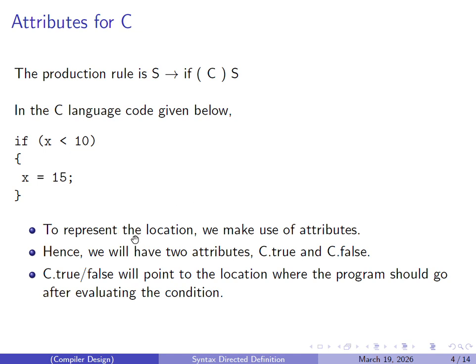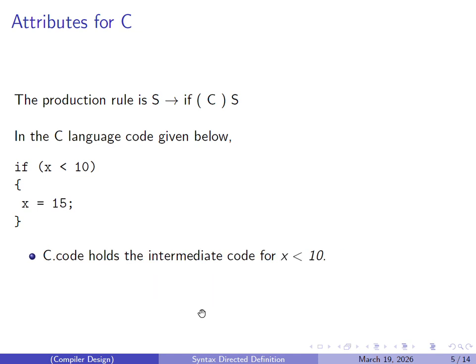To represent the location where the code goes when the condition C is executed, we make use of attributes. Hence, we will have two attributes. One is C.true, the other one is C.false. C.true and C.false will point to the location where the program should go after evaluating the condition. Now we use one more attribute called C.code.